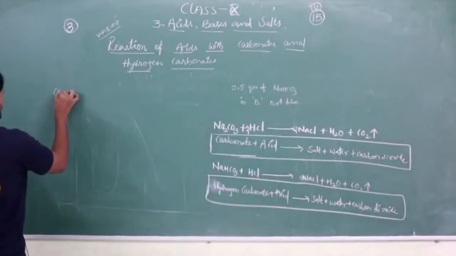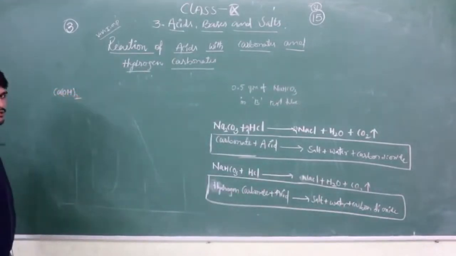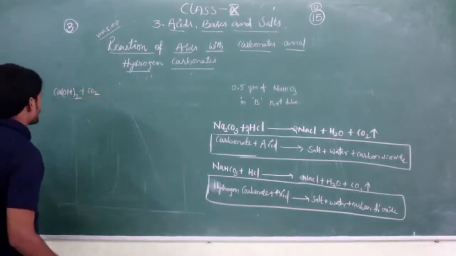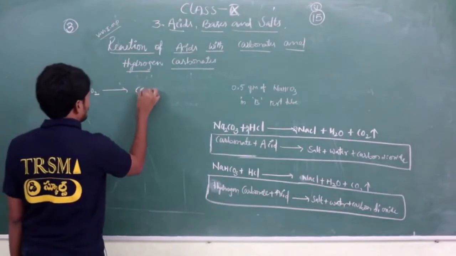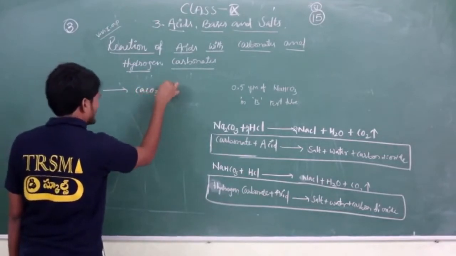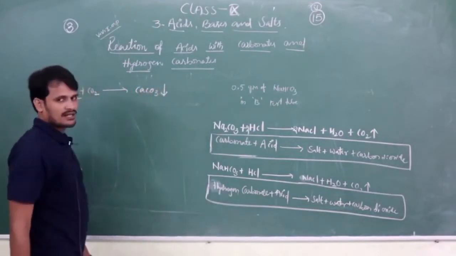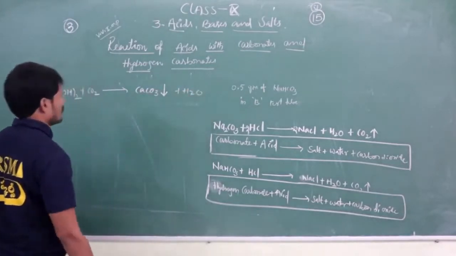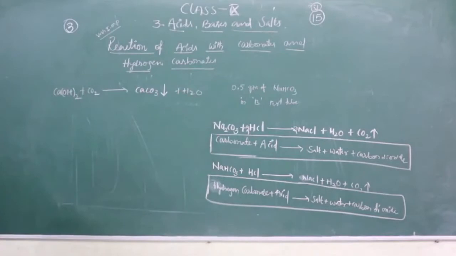Lime water is calcium hydroxide, Ca(OH)2. When CO2 passes through it, CaCO3, a white precipitate, calcium carbonate, is formed along with water.